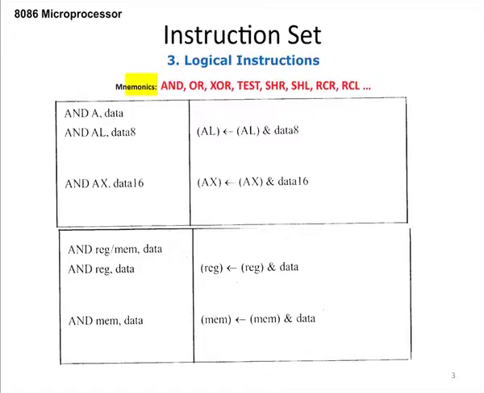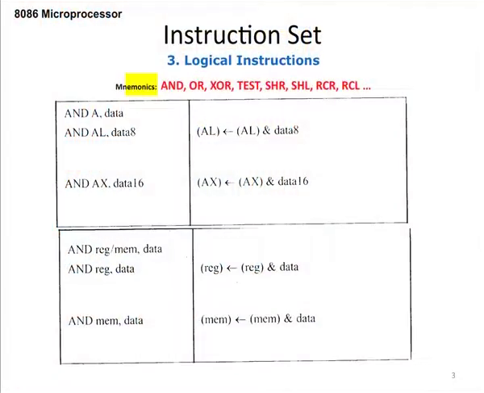The ANDing is performed bitwise. Similarly, the other instructions for AND operations are AND register 2, memory, AND memory, register 1, AND register, data and AND memory, data. In all the cases the first defined is the destination and the second defined is the source.